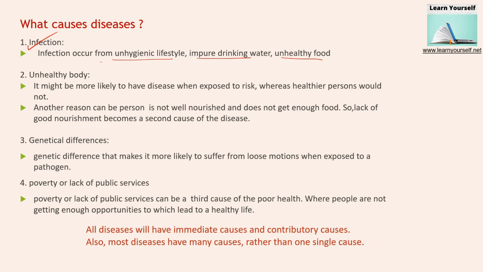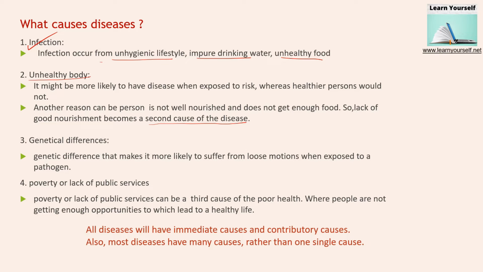Second is unhealthy body. An unhealthy body does not have a strong immune system. It might be more likely to get disease when exposed to risk, whereas a healthier person would not. Another person is not well nourished and does not get enough food. So lack of good nourishment becomes a second cause of disease. We are going to discuss more about this when we talk about immunity and how our immunity fights back the microbes which give us infection.